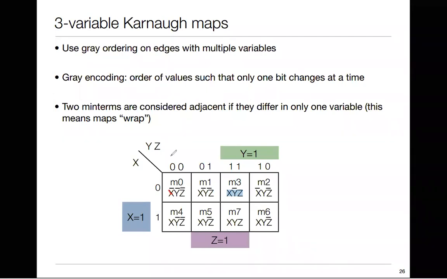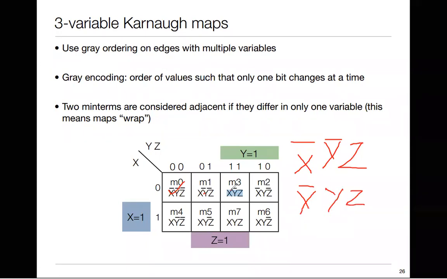The first one is this one over here. The second one will be x bar, y bar and z, because it is 0, 0, 1. Now the third one over here will be M3, which is x bar 0, 1, 1. I told you, so it is x bar, y and z.